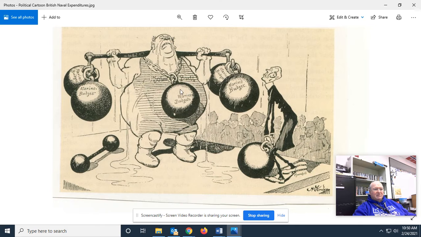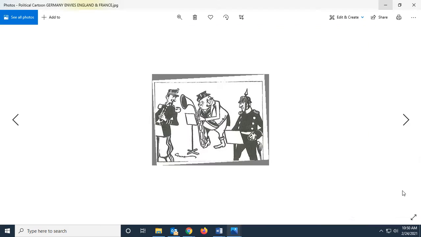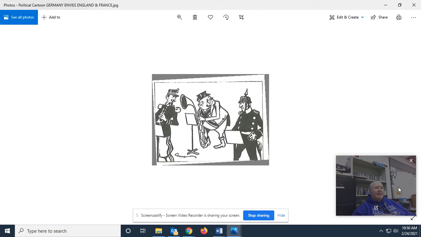We'll talk about this cartoon when we get closer to World War One. But yeah, that's John Bull, and so is this. In fact, while we're learning stuff, this is John Bull. See, waistcoat, British flag, the white pants, the boots, the hat.